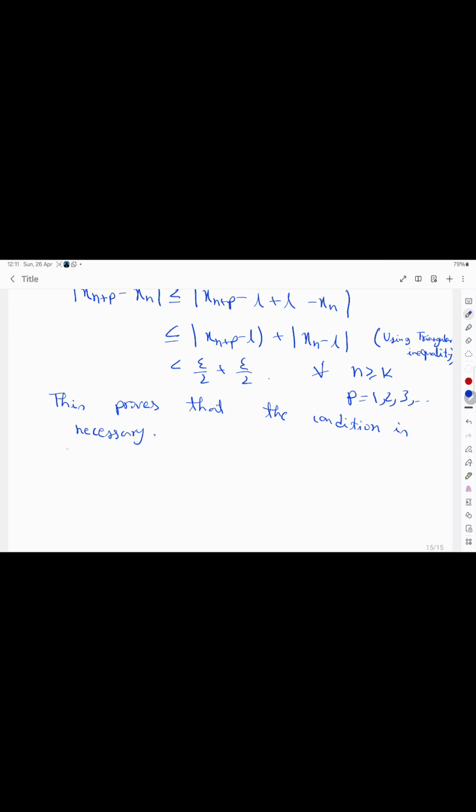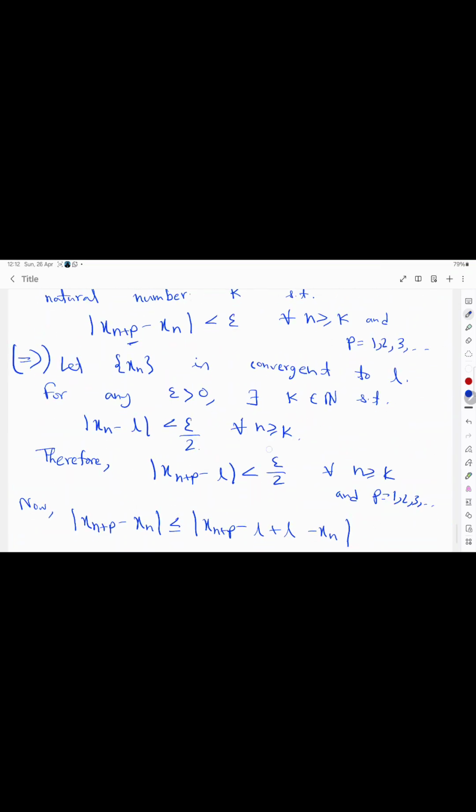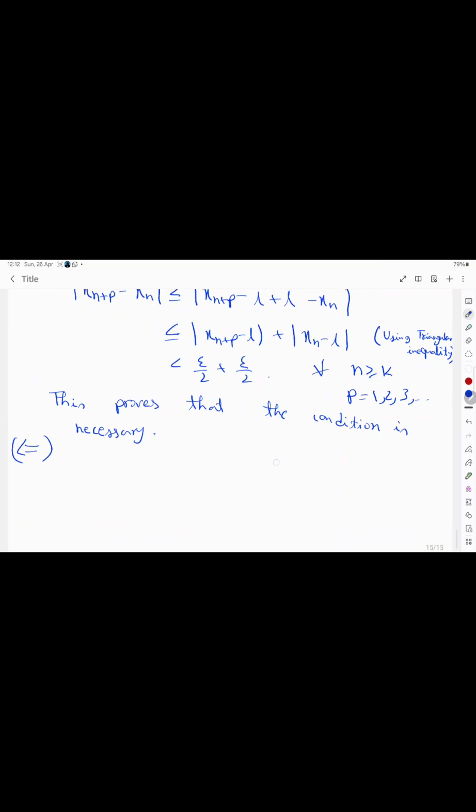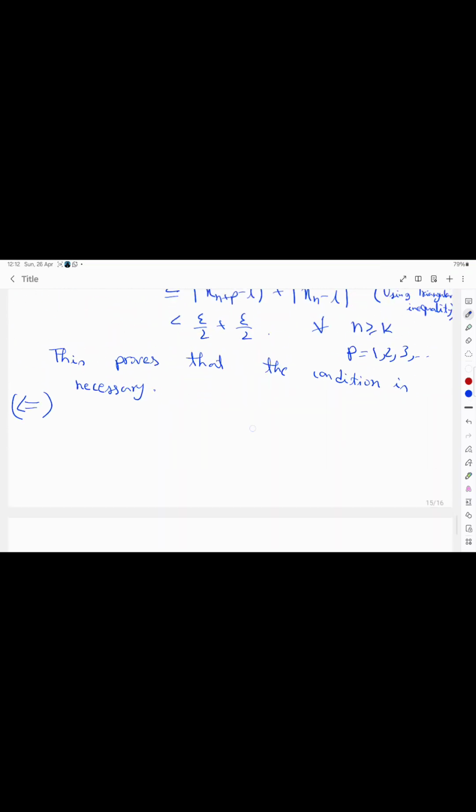You have this condition: for any epsilon greater than 0, there exists a k belonging to natural numbers such that |xn+p minus xn| is less than epsilon for all n greater than or equal to k and p equal to 1, 2, 3, and so on.